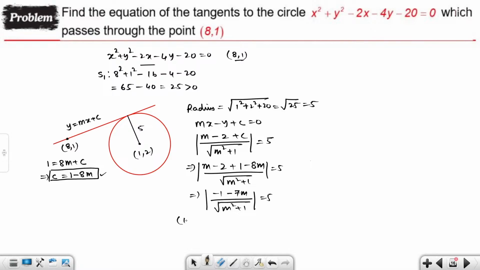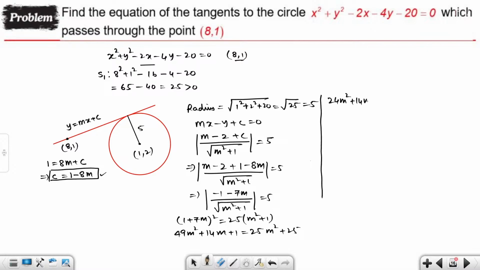We are having, let us open the brackets. So what we are having, I'm writing it here: 49m square minus 25m square, that is 24m square, plus 14m minus 24 equals to 0. So let me divide by 2.